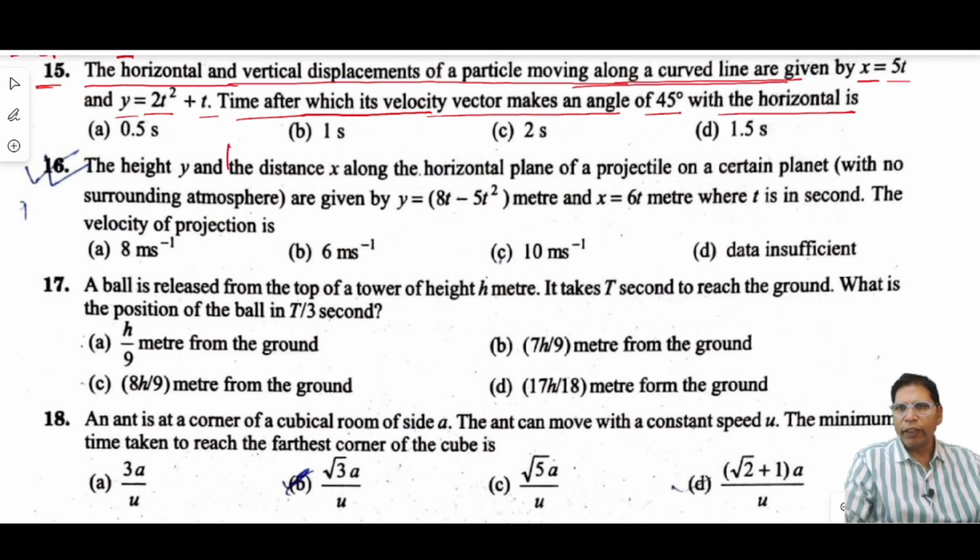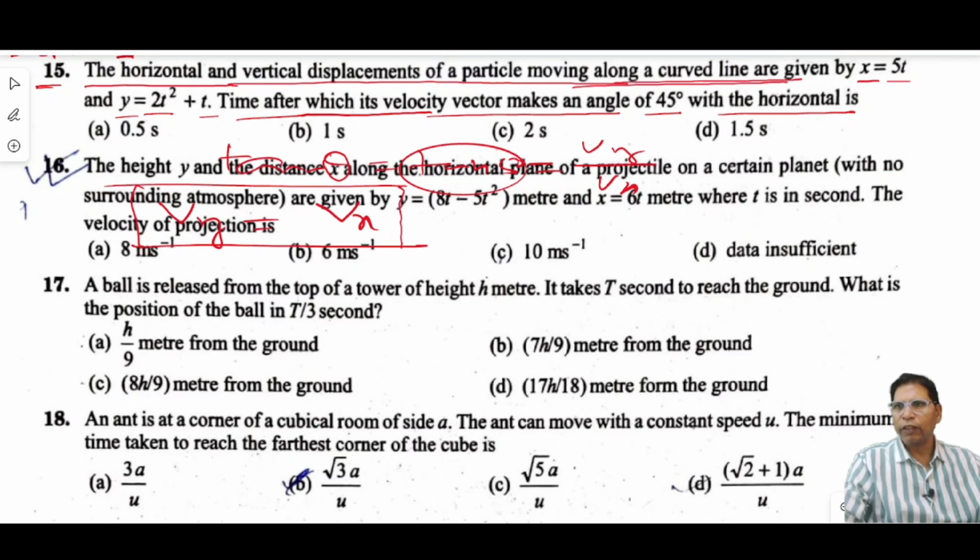Now look at this, the angle made by the velocity vector with the horizontal, tan theta equal to tan 45 degree. That means this is the Vy by Vx. Now tan 45 degree is 1. So here Vy equal to Vx is the necessary condition to find the time t.